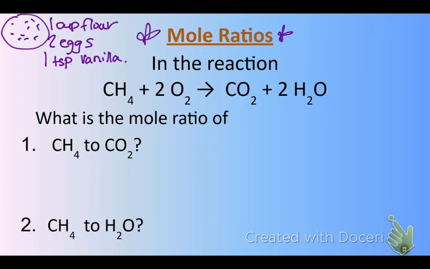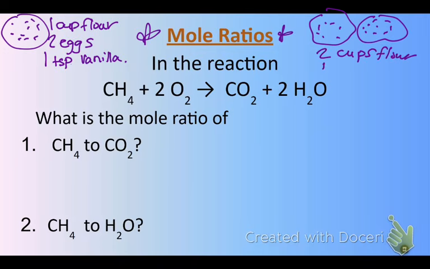And this is like a ratio. If I wanted to double the amount of chocolate chip cookies that I'm making, I would just double the recipe. I'd use 2 cups of flour, 4 eggs, and 2 teaspoons of vanilla.